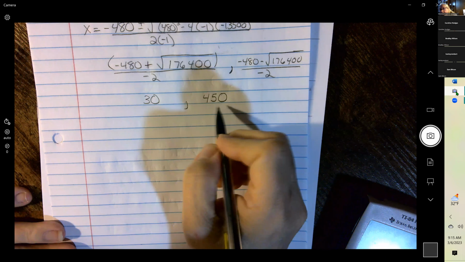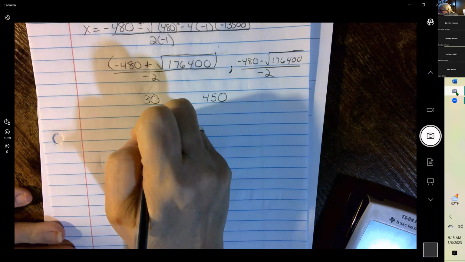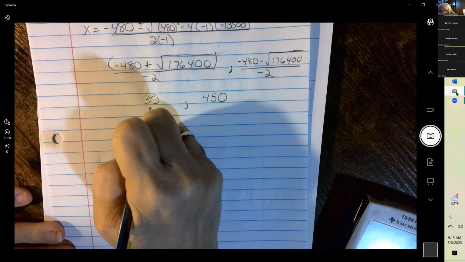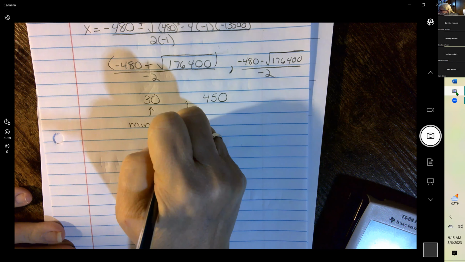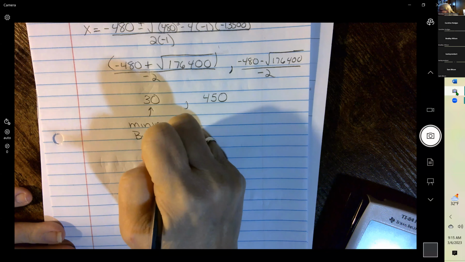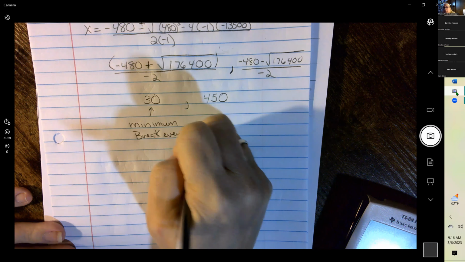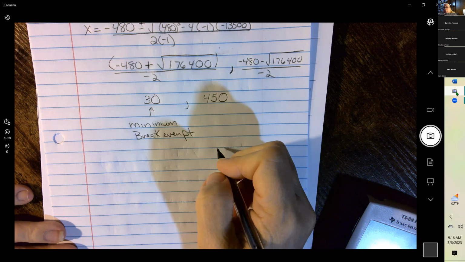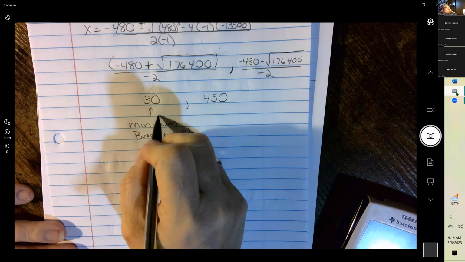These are both break-even points. This one's the minimum break-even point. This is where you start making money.